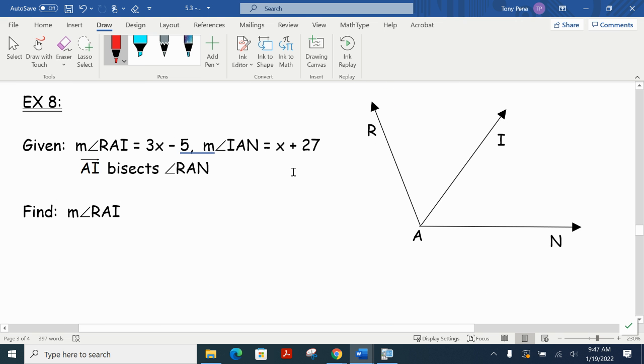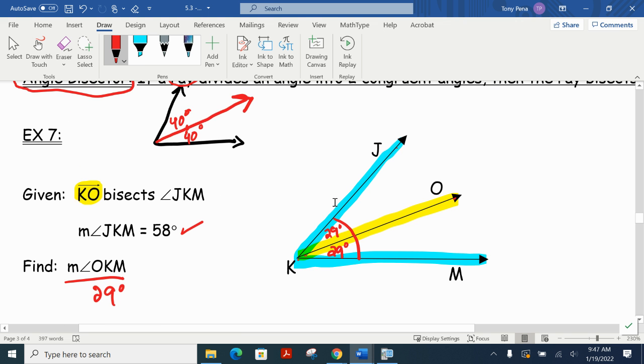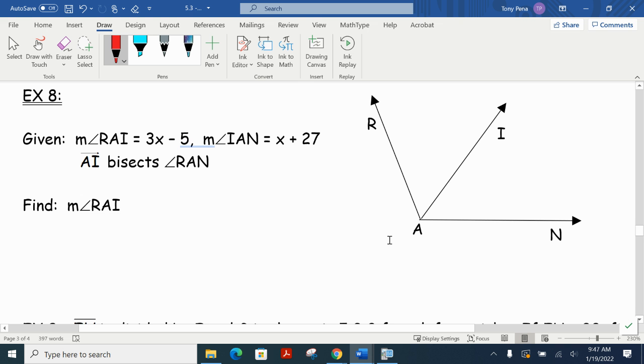All right, here's some algebra one now. So what we try to do is make sure we understand it with some numbers, and then we're going to add some algebra to this. So example 8, similar. The measure of angle RAI, from here to here to here, you were told has a measure of 3x minus 5.